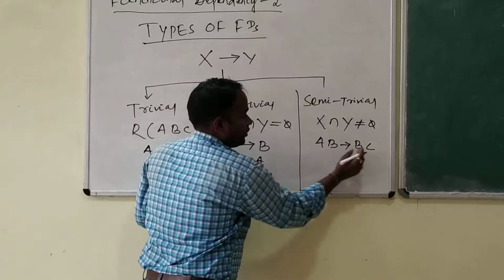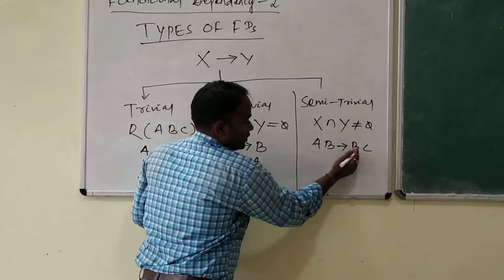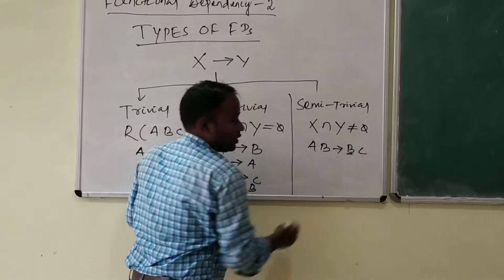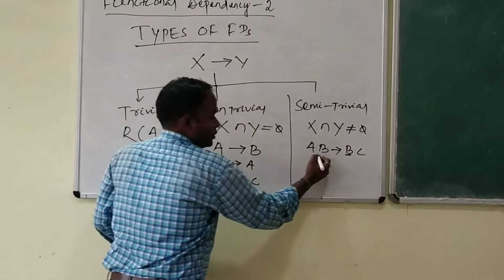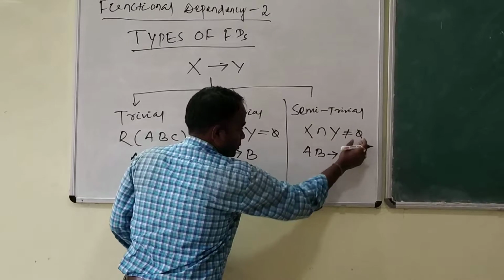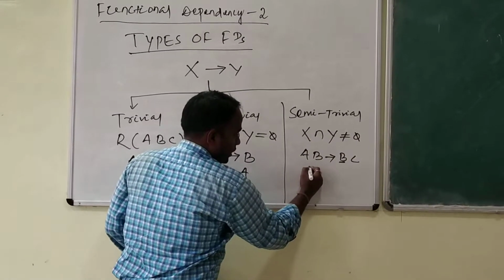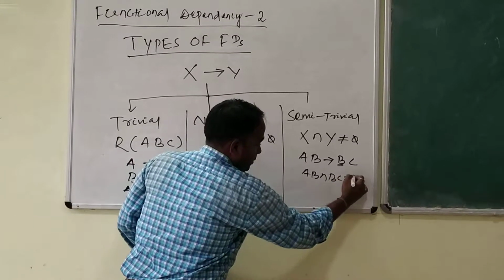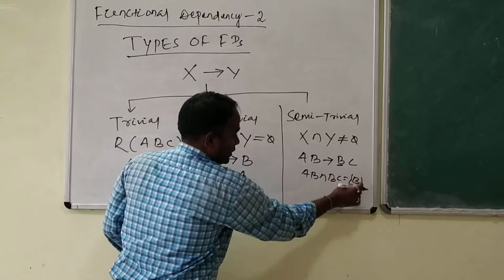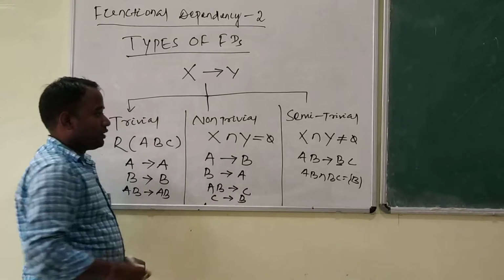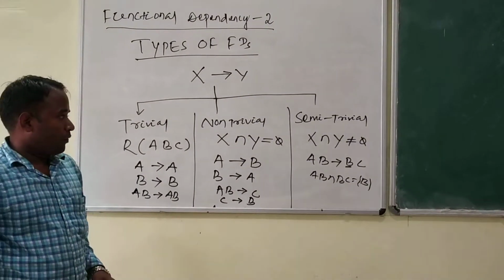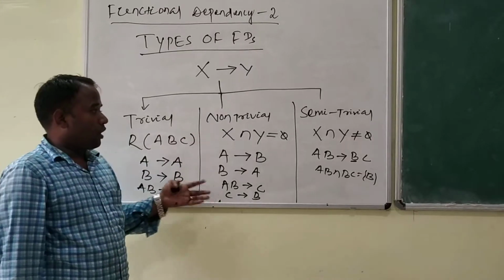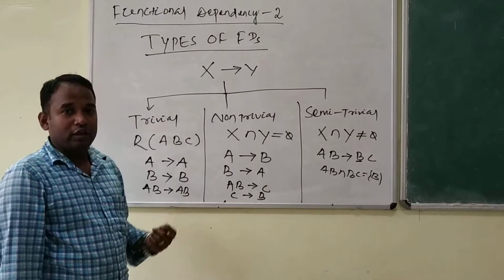AB is not deriving everything from itself; rather it derives B, which is common, and C, which is a new thing. The intersection of AB and BC is B. As there is a common element, I can say it is a semi-trivial functional dependency. So this is how we can categorize the functional dependency.